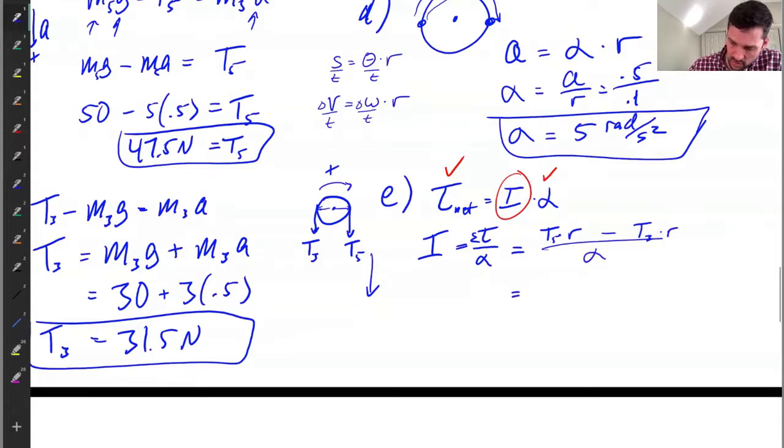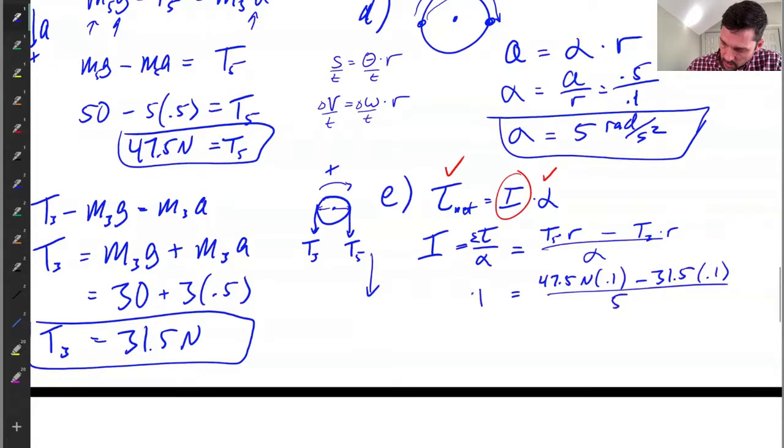We had the tensions before: 47.5 newtons times the radius, which is 10 centimeters or 0.1 meters, minus 31.5 newtons times the same radius, pulling on the same pulley, all divided by 5 radians per second squared.